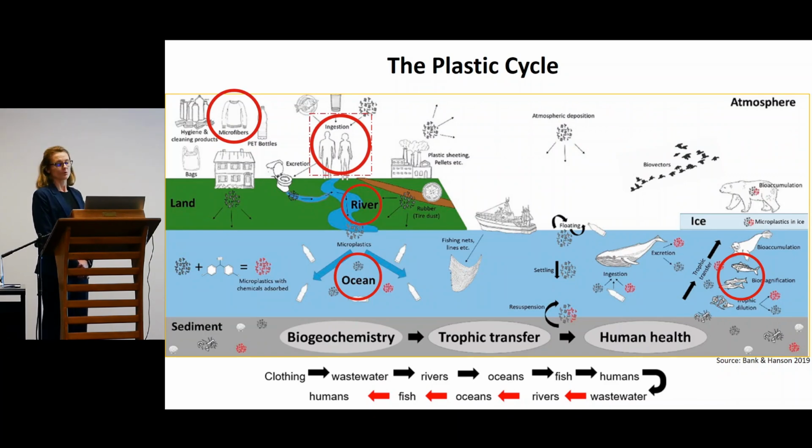and then potentially humans are ingesting these plastic particles. The important thing to note here is that we don't really understand the degradation of these small particles in the natural environment, in terms of how long they take to degrade. However, plastic as a material has a very long life and has been known to degrade over hundreds to 1,000 years.